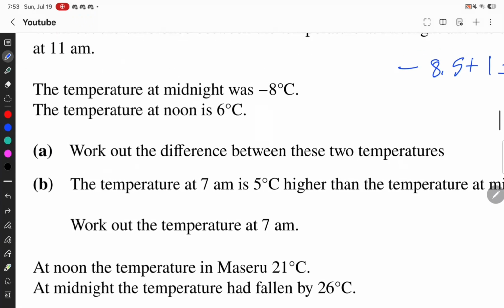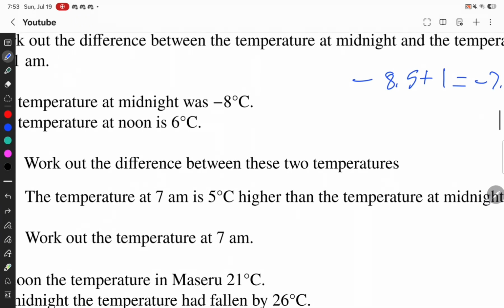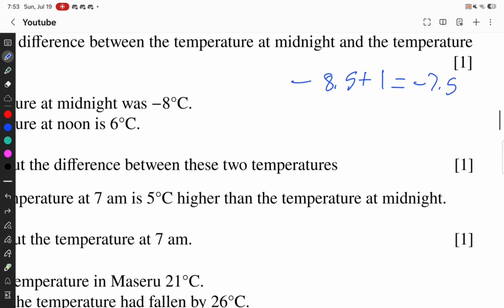The temperature at midnight was negative 8 and at noon is 6. What is the difference?